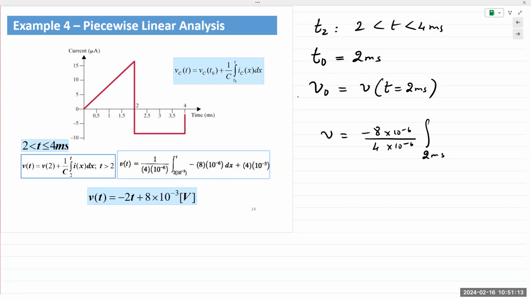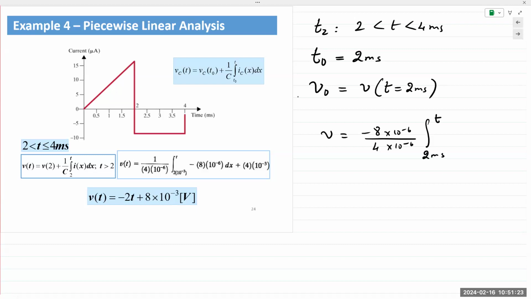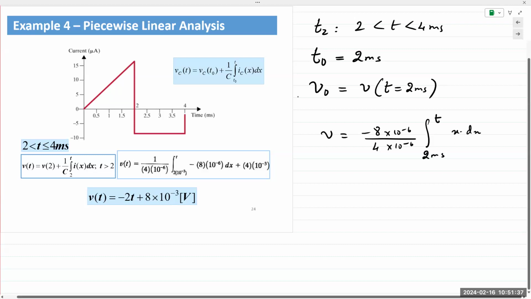T0 is 2 milliseconds. So it starts at 2 milliseconds and goes up to t, again, variable t. My start point for this analysis is 2 milliseconds. So it does not go from 0 to t, it goes from 2 milliseconds to t. You're integrating or you're summing up between 2 and 4. And then, of course, dx. Right, just dx.